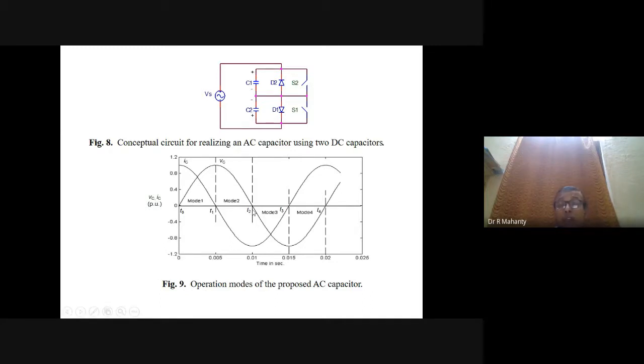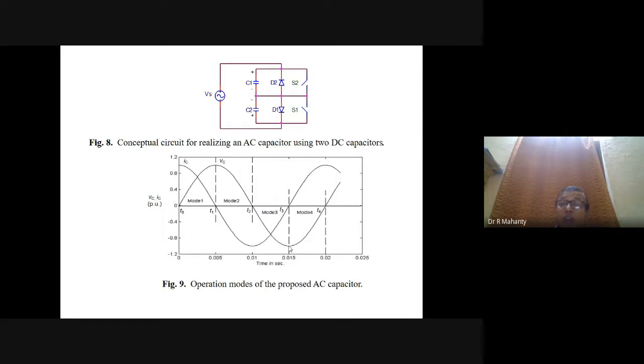Similarly, in the negative half cycle in mode 3, what is happening? C2 and D2 are conducting. And when C2 and D2 are conducting, at the end of this mode at T3, this capacitor C2 is charged to the maximum of the supply voltage in the reverse direction.